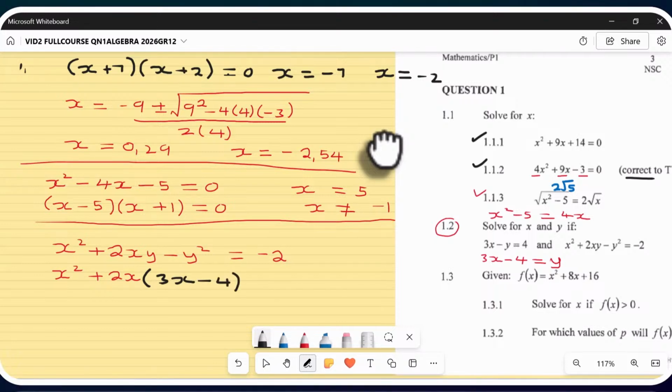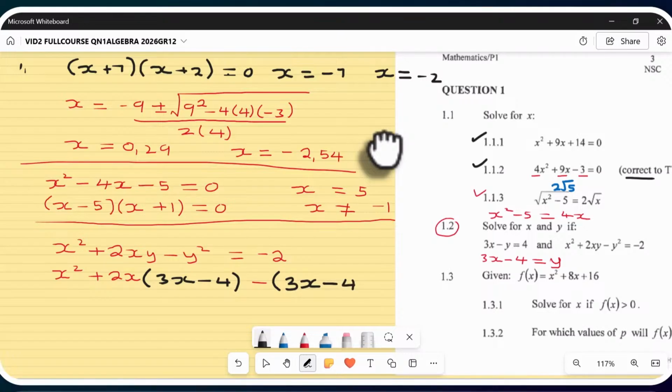And then here now, first open brackets before you enter the negative. So when you expand, you're going to get 9x squared.